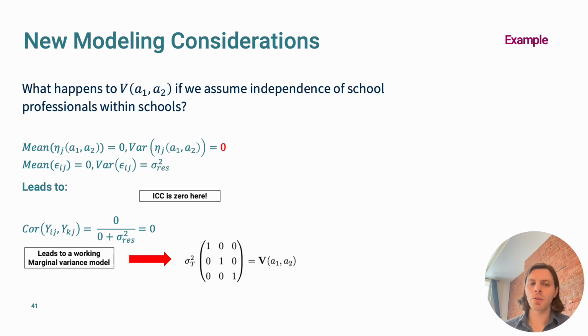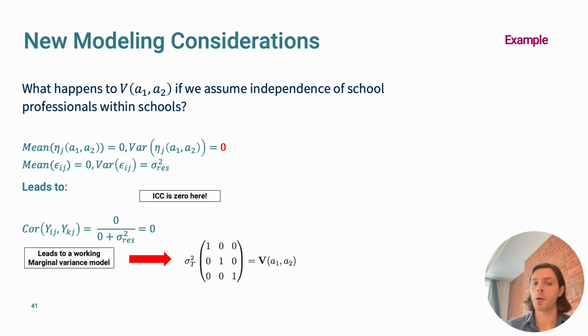But as I alluded to, we don't have to say the variance of eta j is sigma squared sub school. Instead, you might say, actually, I don't think these outcomes are correlated at all. You know, the 3 school professionals in this school, well, one is a guidance counselor, one is a social worker, and the other one never shows up or something.